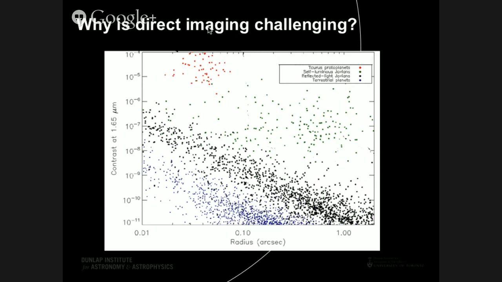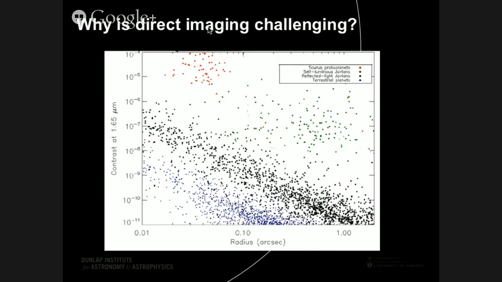You see that the terrestrial planets, the blue ones, are down here at really, really high contrast, so they're extremely difficult to see. But if you look at the self-luminous Jovians, the Jovians that are a little bit younger and still radiating their own energy from formation, the contrast actually isn't so bad, but it's still somewhere around 10 to the minus 6 to 10 to the minus 7. So it's really difficult.